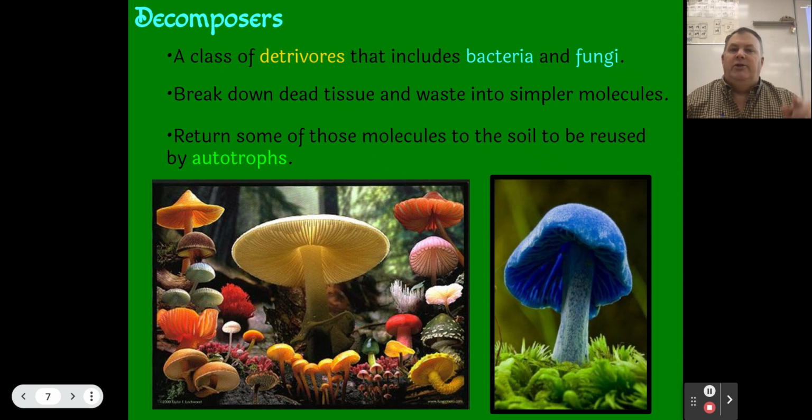So, in a sense, it's the circle of life, where the decomposers are bringing things back so that new cells and new organisms can take advantage of the waste and the decomposition of the former living organisms.